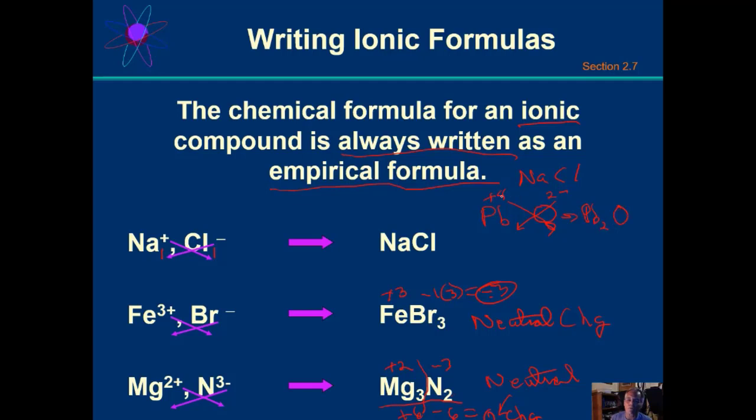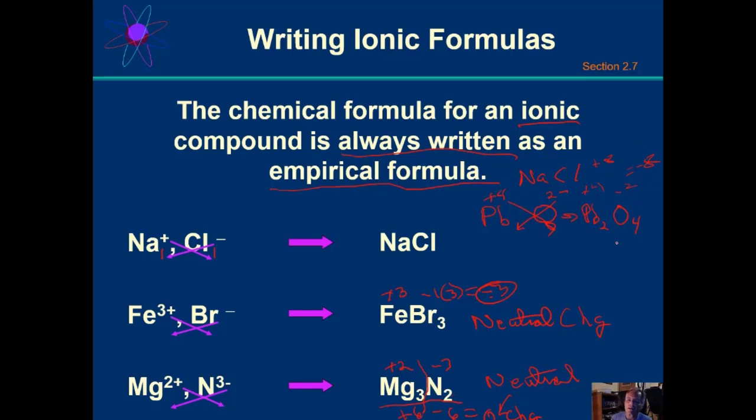What's my subscript for oxygen? Oh, I need 4 of my minus 2 oxygens, so that's going to be 4. And that seems to make sense: 4 times a minus 2 equals negative 8, and 2 times a plus 4 is a plus 8. Plus 8 plus a minus 8 equals 0.